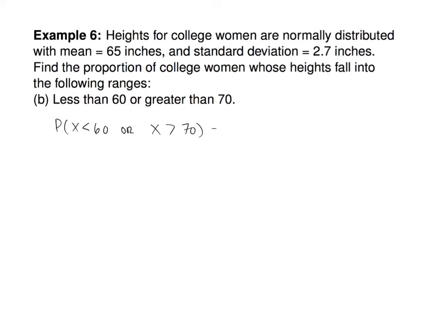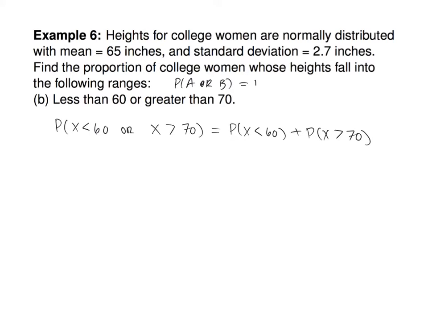As in, this is equal to P(X less than 60) plus P(X bigger than 70). And how do you know that these events are exclusive? Can you be shorter than 60 and bigger than 70 at the same time? No, you can't, right?